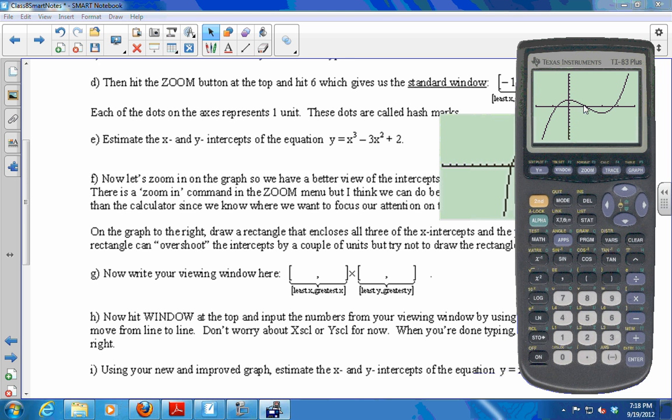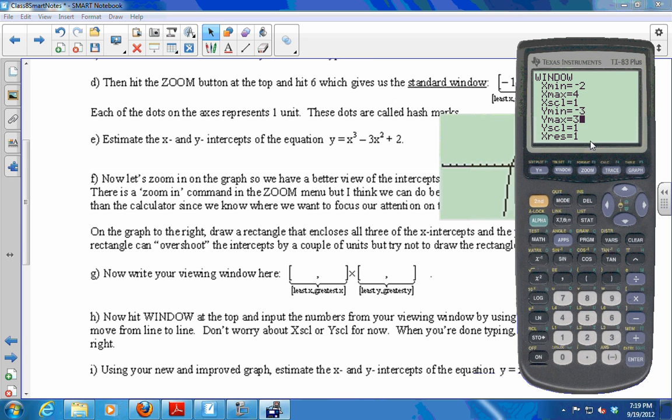Now, for y, I don't need to go down this far, right? Maybe -3 would be far enough, and 3 as a maximum, too. So go back to window, type -3 to 3, y min and y max.